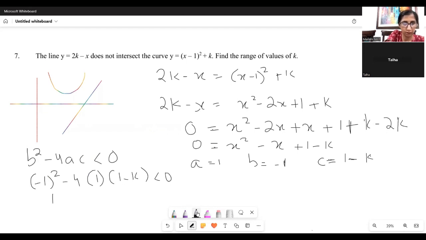So that is 1 minus 4 plus 4k is less than 0. So we have 4k is less than 3 and k is less than 3 upon 4.